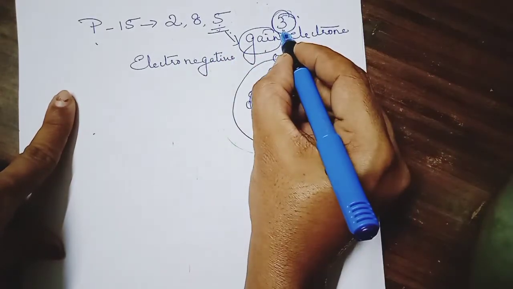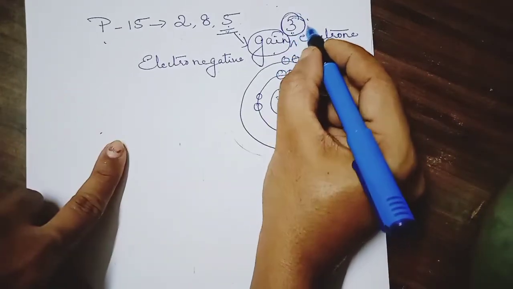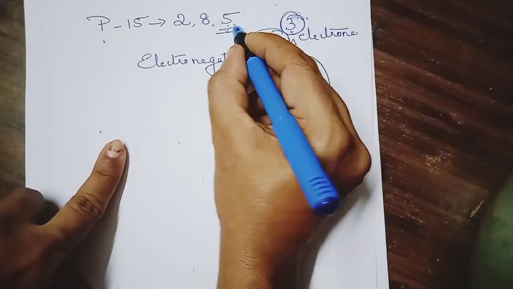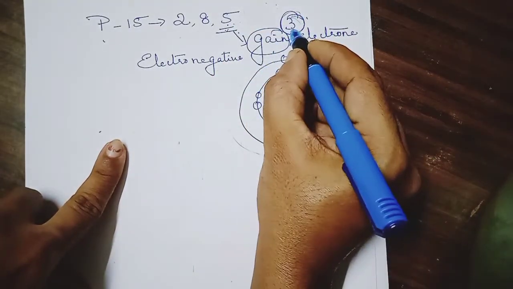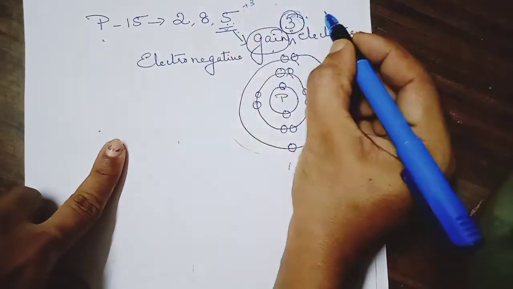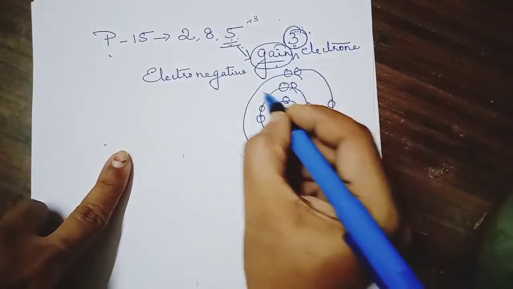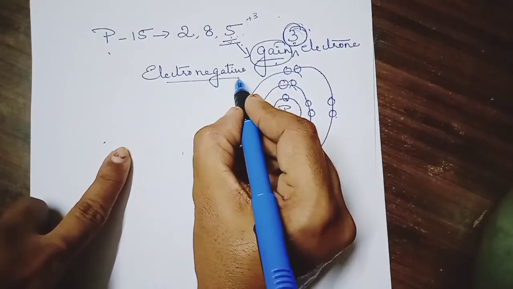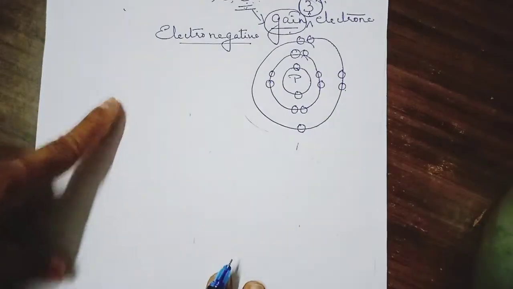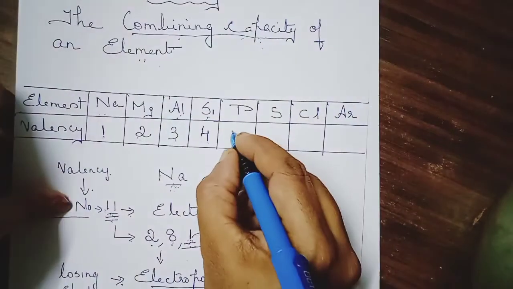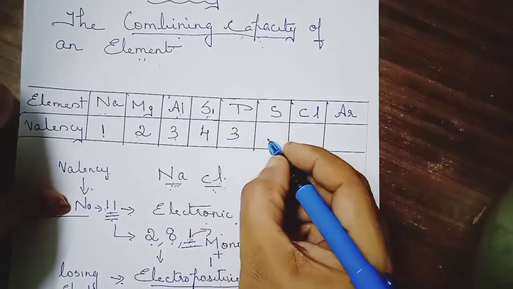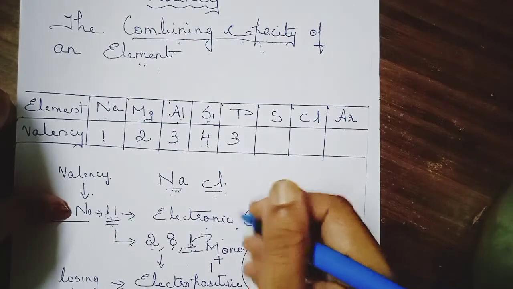It's trivalent because it needs 3 more electrons to attain octet. So 5 plus 3 will give 8. So it is electronegative in nature. But the valency will be 3, only the sign will be negative. Why? Because it takes in electrons.